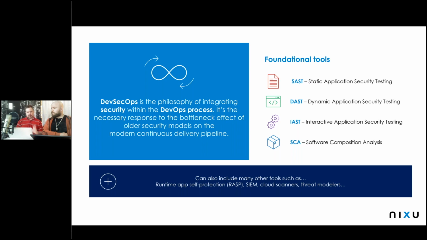Then there's DAST, dynamic testing. So then you're actually running the test environment, test system, and then attacking against that with tools. So with DevSecOps, it's automated attack, and they try to find all the places in the system where to attack and apply different kinds of attack payloads and whatnot.